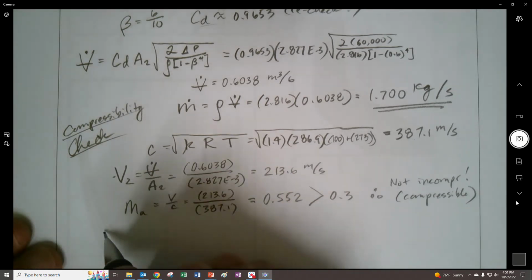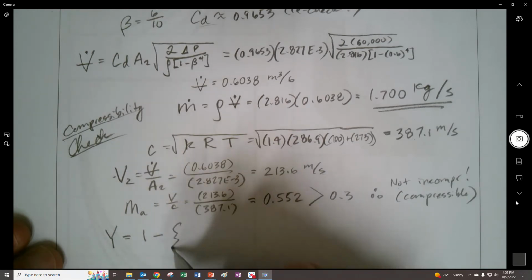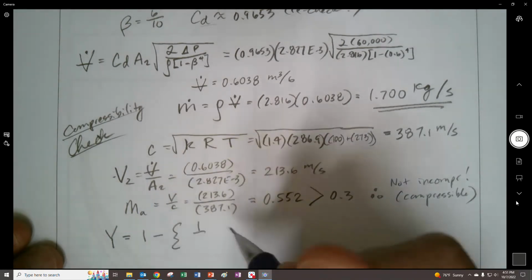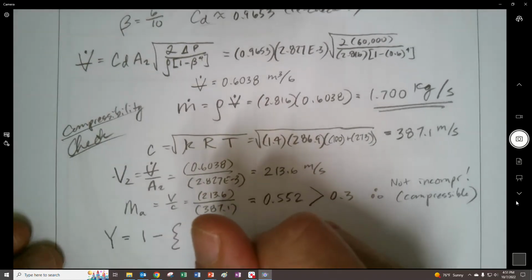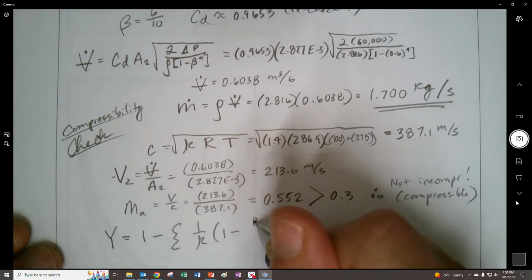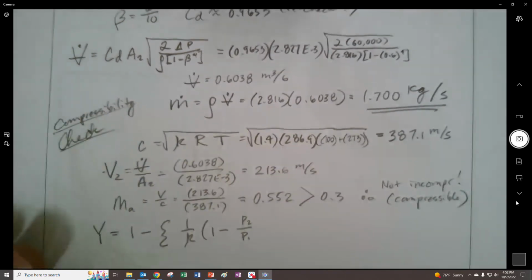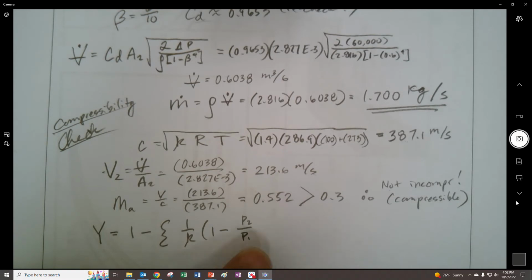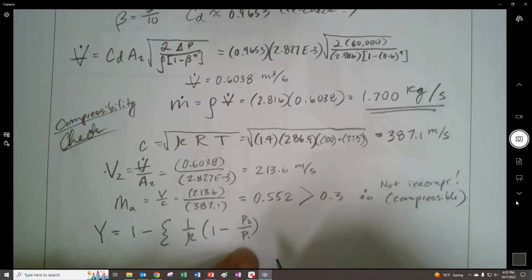But here's the correction, the equation. We take 1 minus the brace right here. We take 1 divided by the specific heat ratio, then 1 with the pressure ratio right here. And I'm not sure about this pressure ratio, honestly. I'm going to check that. I don't know if it actually matters, because I tried to compare this equation to a graph, and it didn't match, which really bothered me.